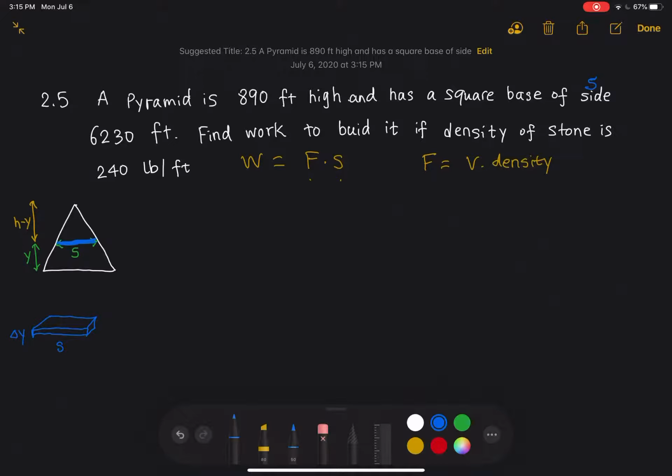So how do we find it? We need to use similar triangles. Y is the distance that you move up.